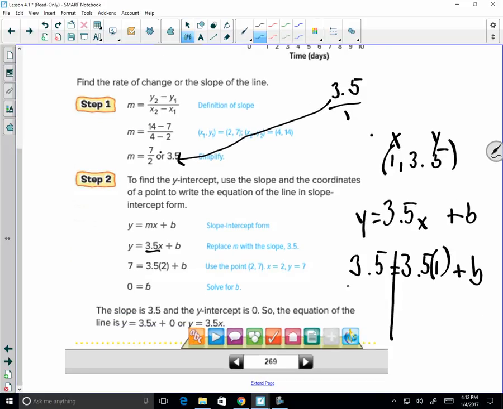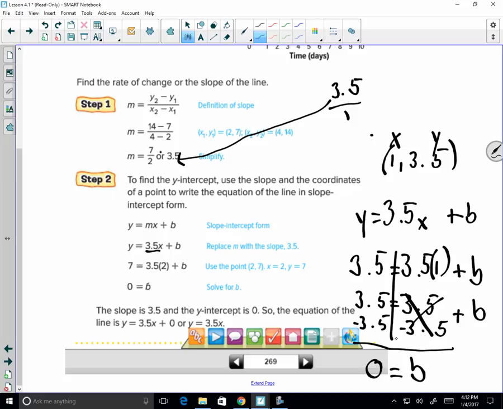So let me rewrite this: 3.5 equals 3.5 times 1, which gives me 3.5, plus b. And if you can't see it already, I need to subtract 3.5 from both sides. These cancel, and 3.5 minus 3.5 gives me a 0. So my b, in this case, which they got the same answer to, is 0.